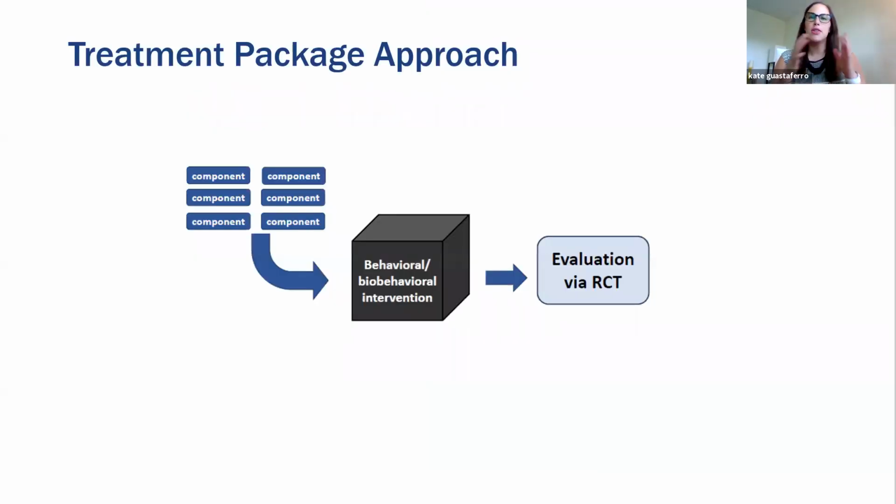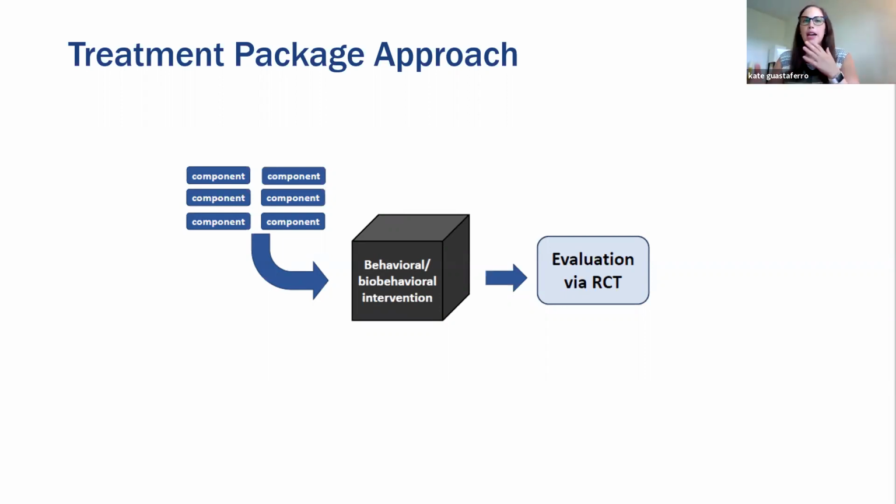All right, so let's dig into it. Historically, the way that we as a field and as a science have approached intervention development is through something we call the treatment package approach. So you identify components through the literature, through studies that you think have an important effect on the outcome you're after.